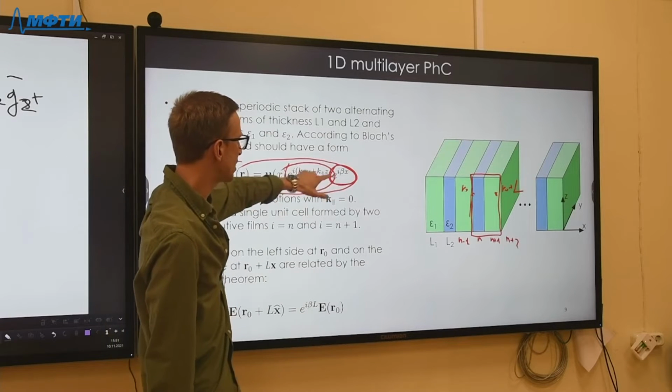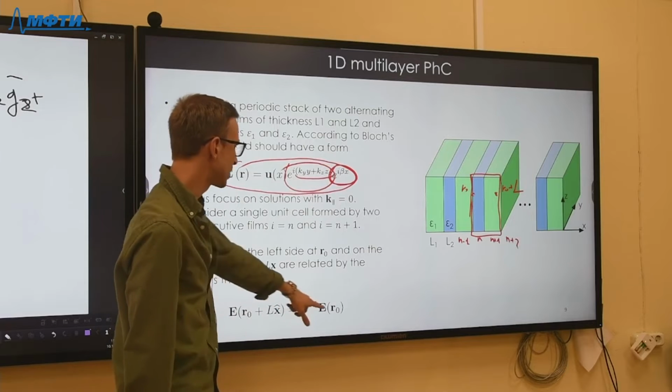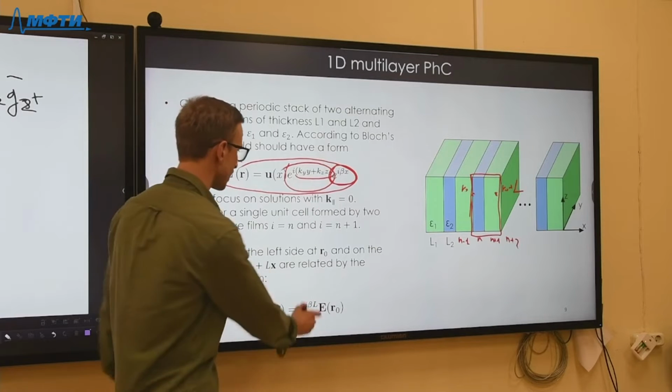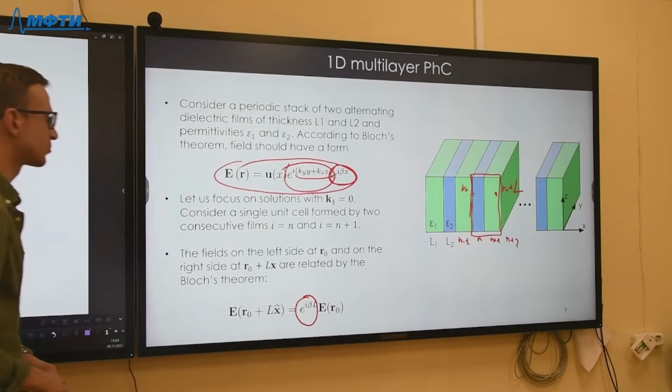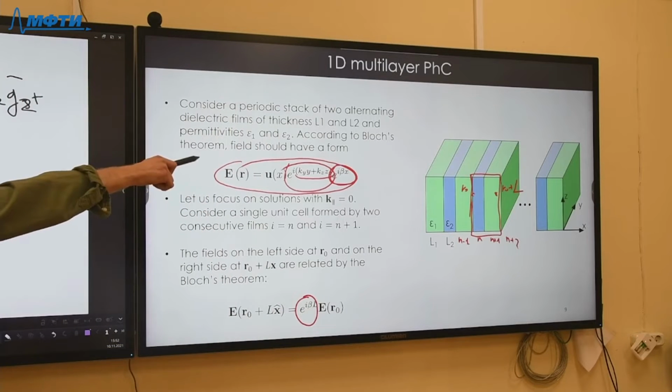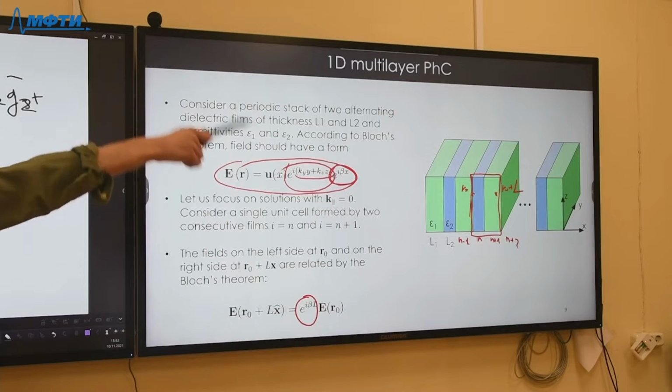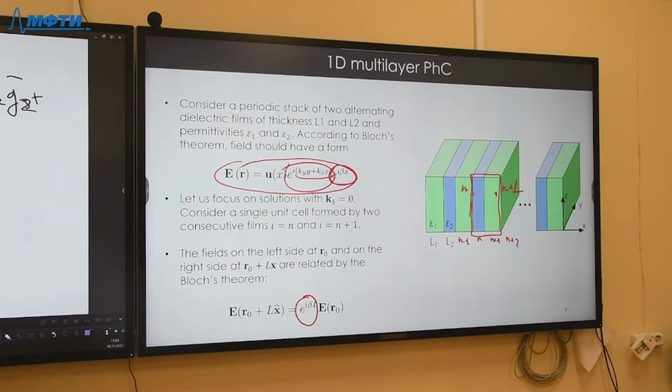But because we have the Bloch factor, this field acquires a certain phase delay, which is accounted for by this scalar term. Okay, this is the relationship between the electric field on that side of the unit cell and on the opposite side of the unit cell. This is something, but we still don't know this field.